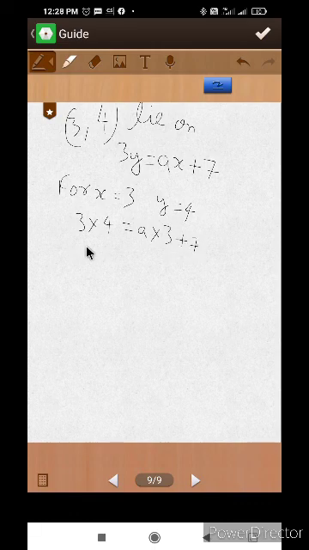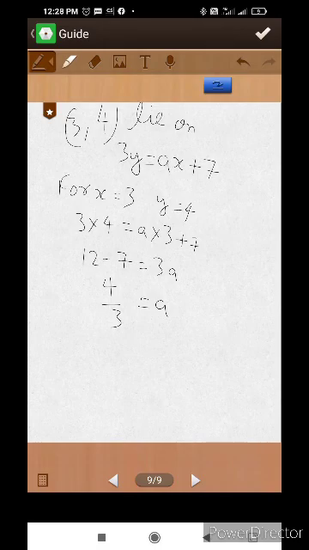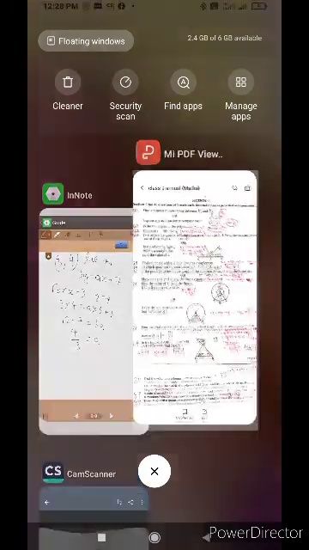So we get 12 minus 7 equals to 3a, so 5 equals 3a. So 5 upon 3 equals to a. So the value of a is 5 upon 3. Hope that is clear. Okay.